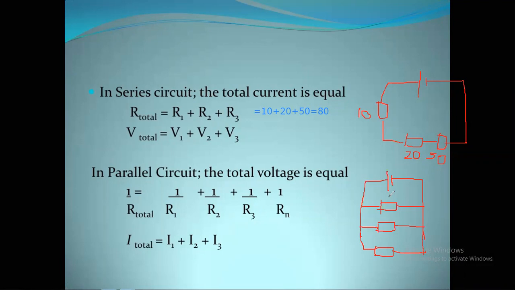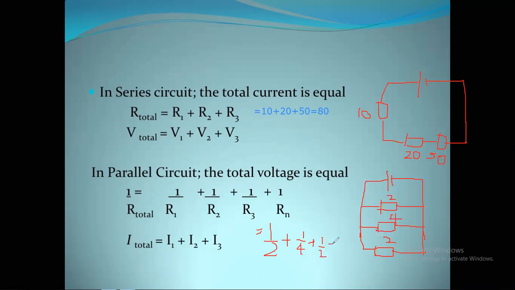Okay, suppose that this is 2, and this is 4, and this one again is 2. Therefore, you can find the total resistance over here. How do you get it? 1 over 2 plus 1 over 4 plus 1 over 2, right?